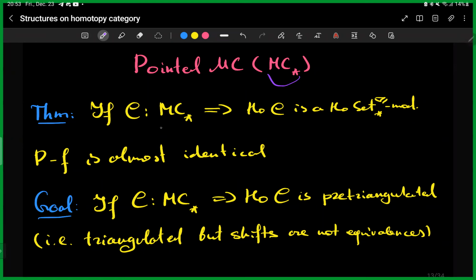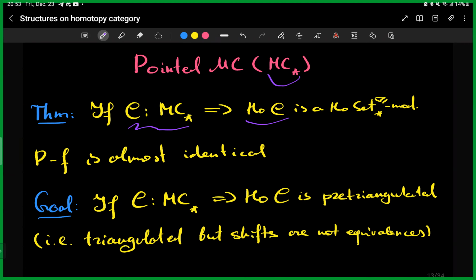As I said before, if we have a pointed model category, then its homotopy category is in fact a module over the homotopy category of pointed spaces. And the proof is almost identical, or it follows from the general machinery of derived adjunction.